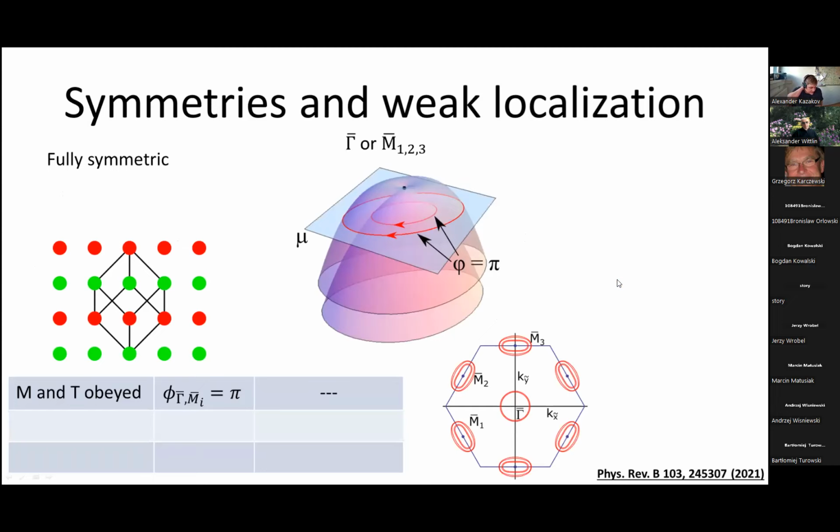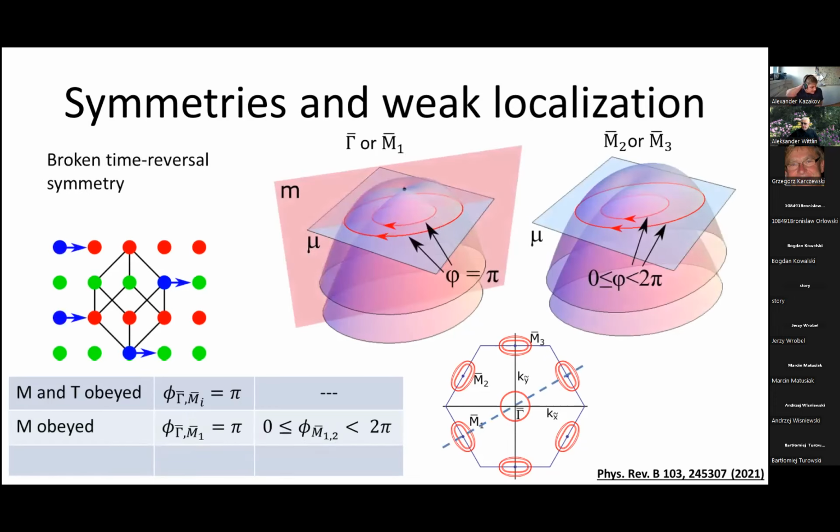We applied these considerations to a real material, like tin telluride, or just any material with a similar cubic crystal, for the 111 surface. We calculated the Berry phase for different Fermi pockets around gamma bar points and three equivalent M bar points. In the case when mirror and time reversal symmetry are both obeyed, the Berry phase is quantized to pi.